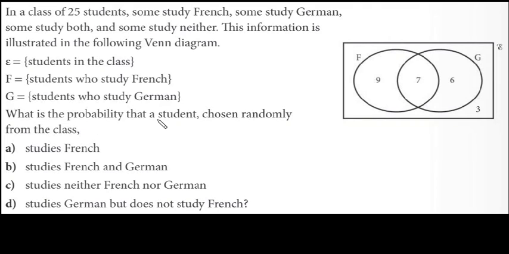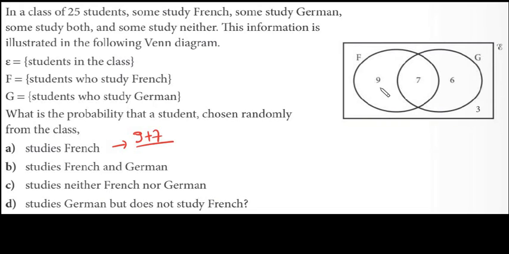What is the probability that a student chosen randomly from the class studies French? So how many students study French? This part of the Venn diagram, everything inside F: 9 plus 7, over the number of all students.